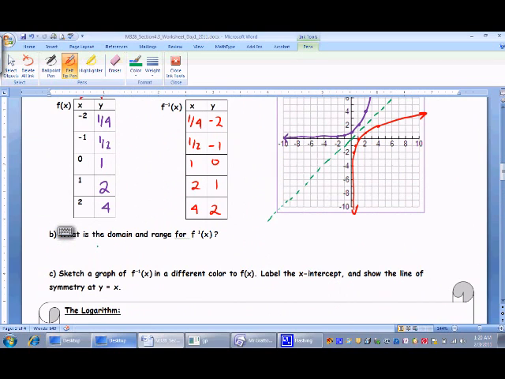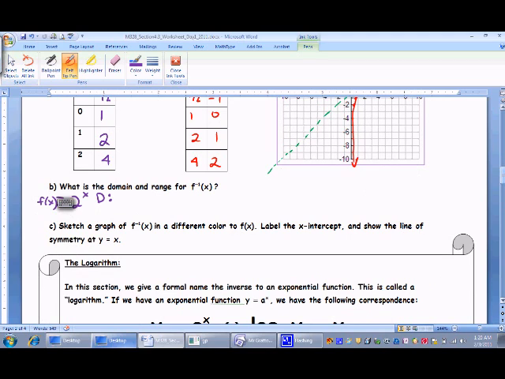There we go. So we're going to take the domain for f of x equals 2 to the x. That's -infinity to infinity. We're going to take the range for f of x equals 2 to the x. That's 0 to infinity.